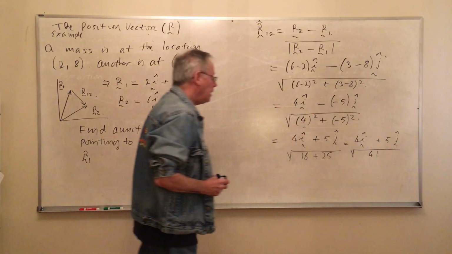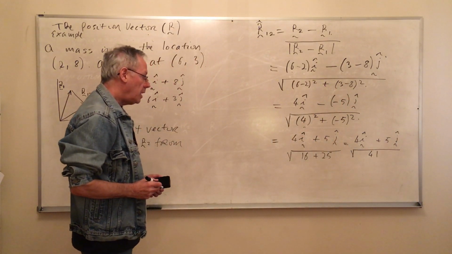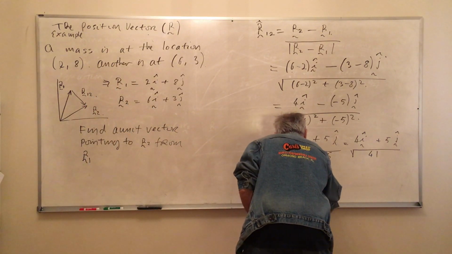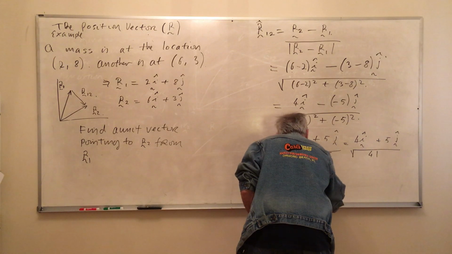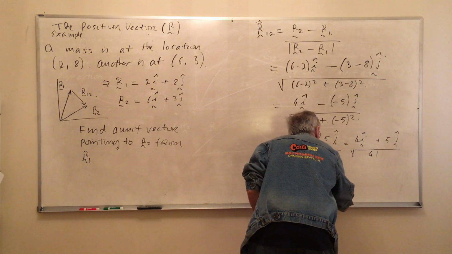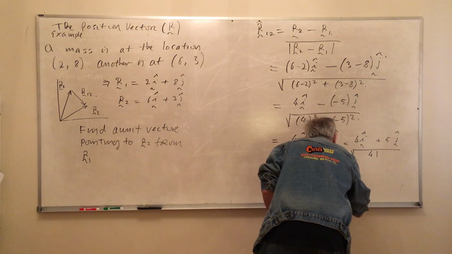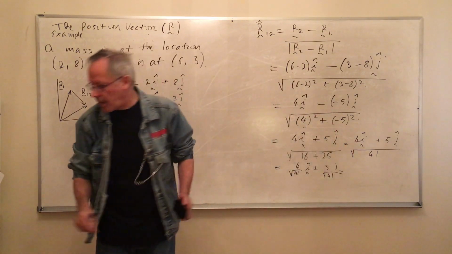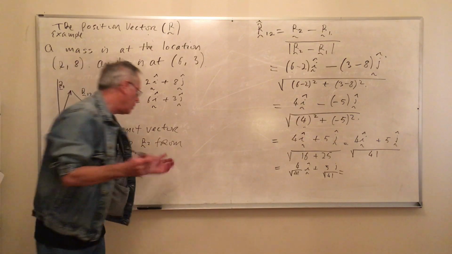And I get 4i plus 5j over the square root of 41. Now you know you can do that in your calculator, but I'll do it just for the record.